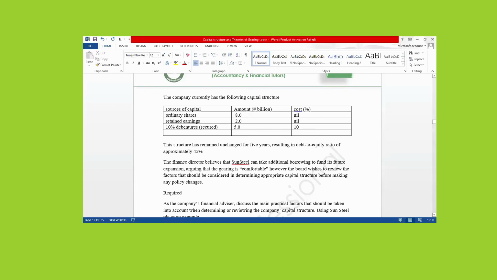However, the board wishes to review the factors that should be considered in determining appropriate capital structure before making any policy changes.